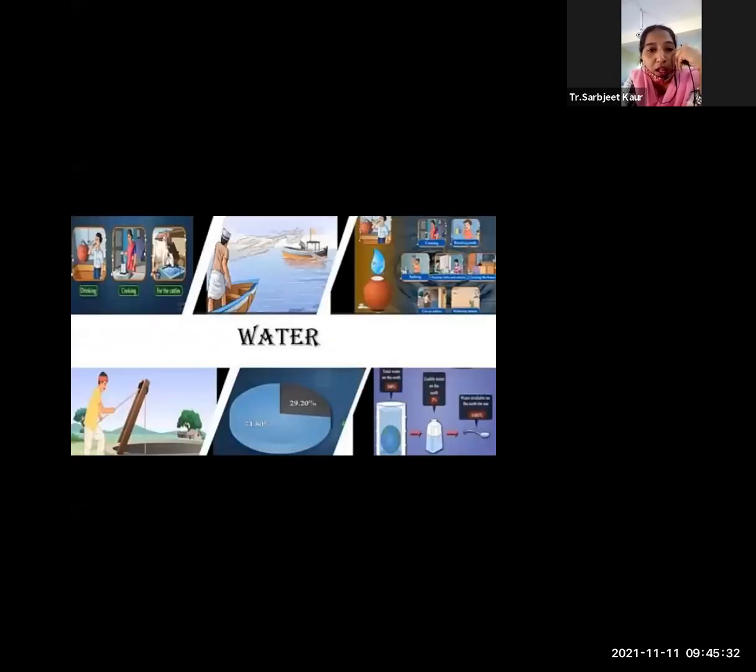Here is water. We are using this water for drinking, cooking, and other activities. On our Mother Earth, we have 71.80% of water and 29.20% of land.